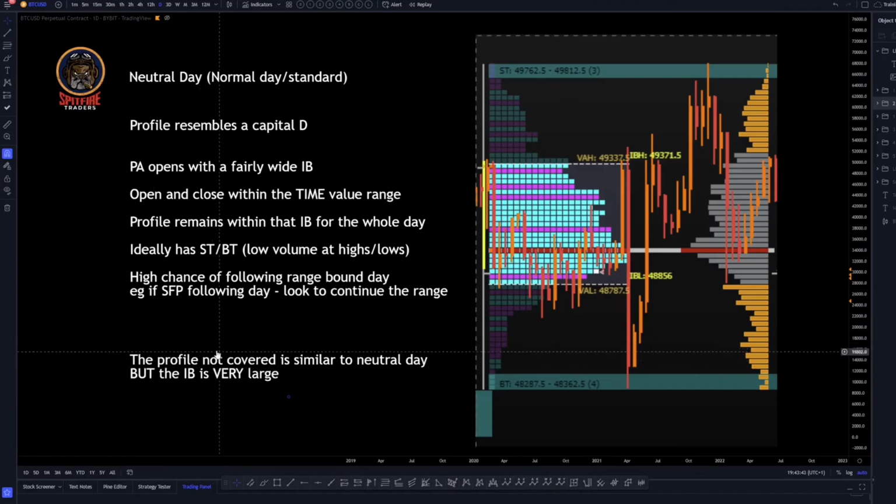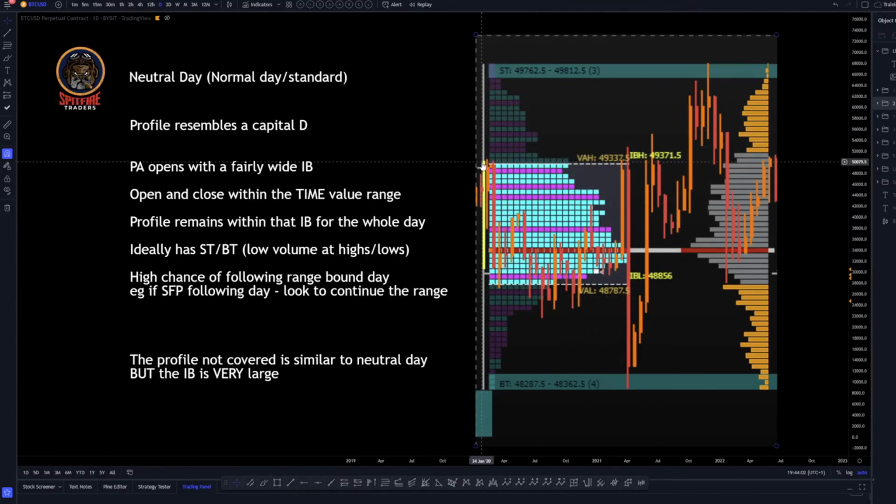Now, I've made a little note down here. The profile that we've not covered and we won't be covering is very similar to the neutral day. The only difference is the initial balance is extremely large.